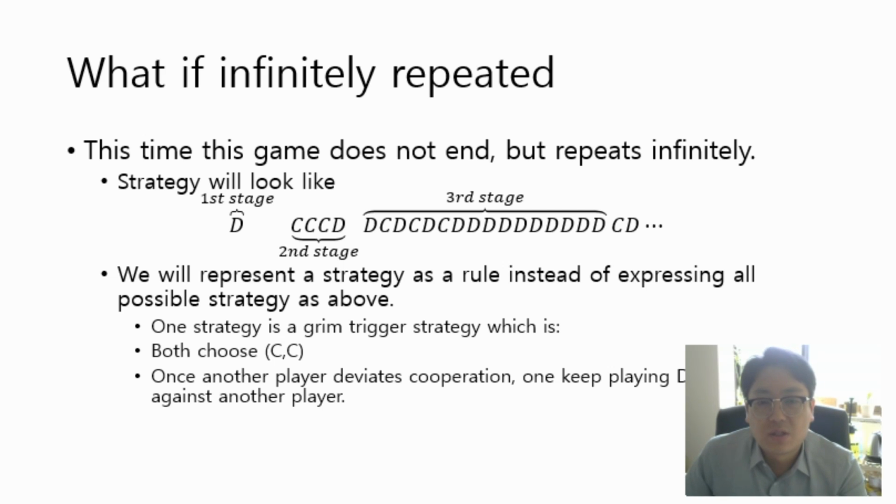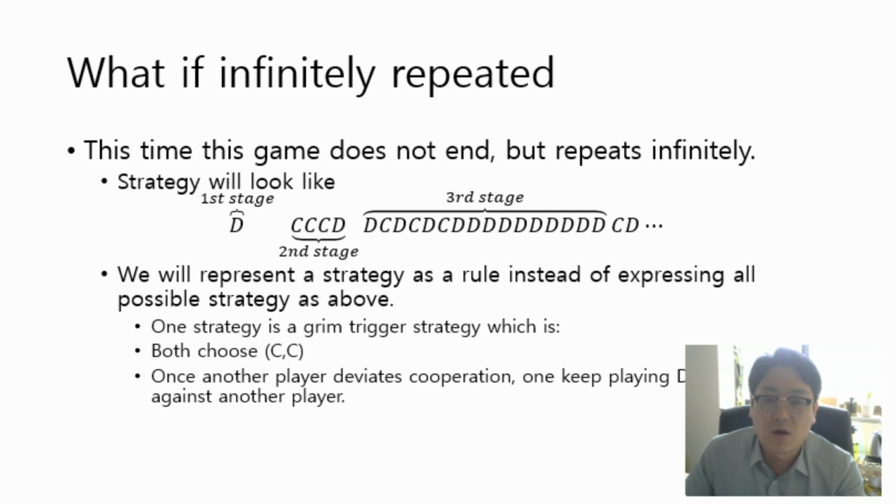So a strategy will look like this. It will consist of an infinite number of actions, but it's not just one action they choose at each stage. In the first stage, they will choose C or D, but in the second stage, they should decide what they will do at each different information set. Because there are four information sets, they will express what action they will choose at each information set.